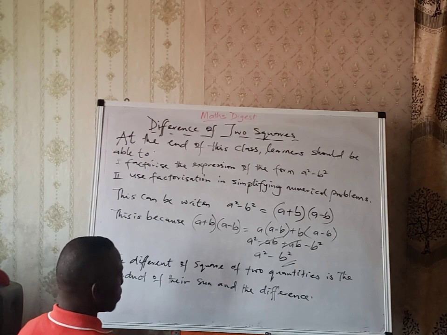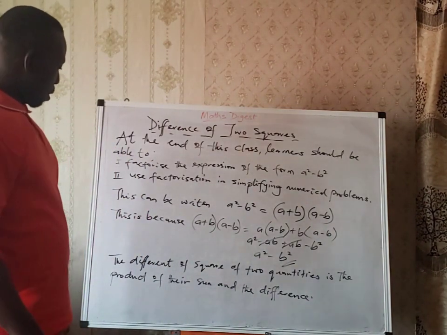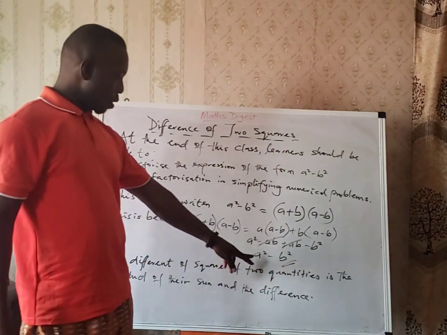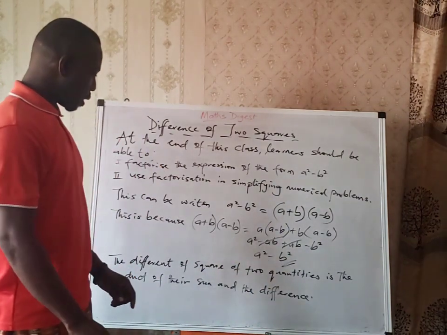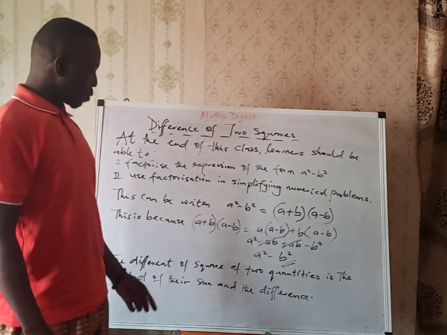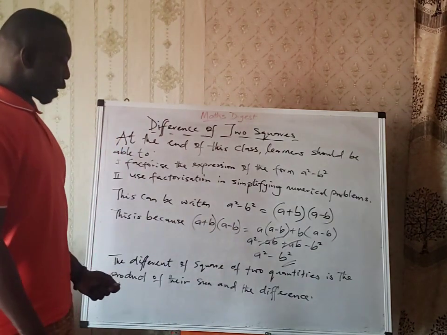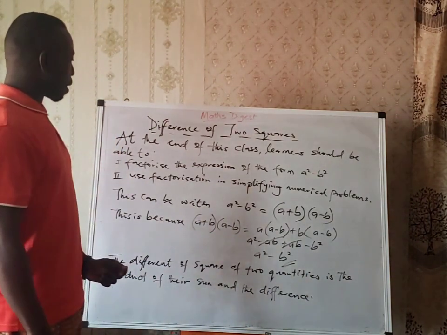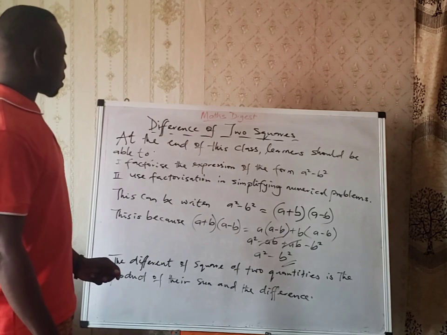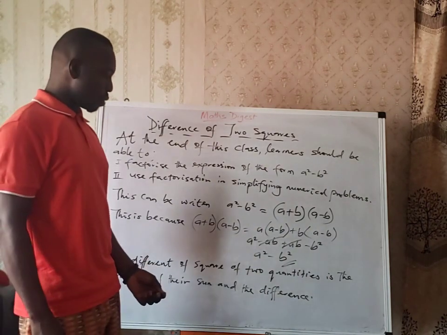So remember, with this we know that this is not actually saying a minus b in bracket squared. So this cannot be that. Just like I explained in my class when I was handling perfect square, the two of them are not the same.